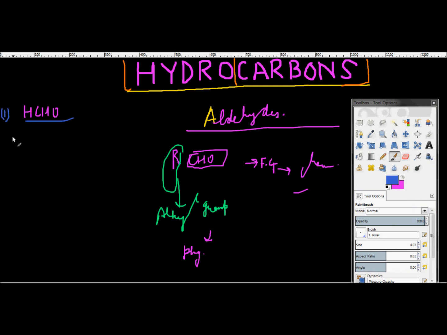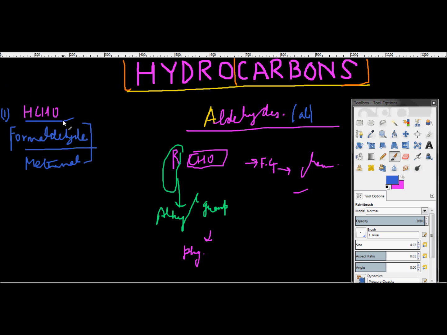This is the first one, don't get scared. It's also known as formaldehyde, although its name is methanal. Another thing to remember here is that their suffix is -al. Like alcohols had -ol, aldehydes have -al at the end, so you call it aldehyde. Methanal, formaldehyde, is the same compound.